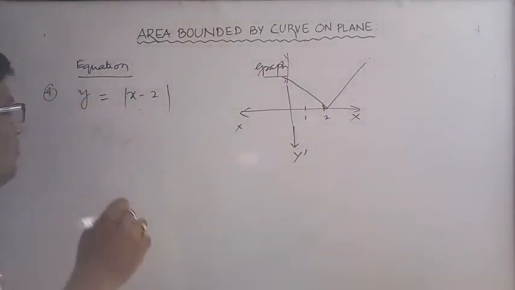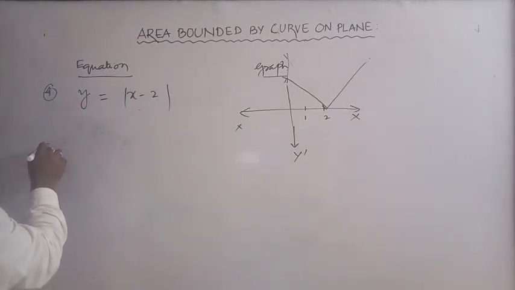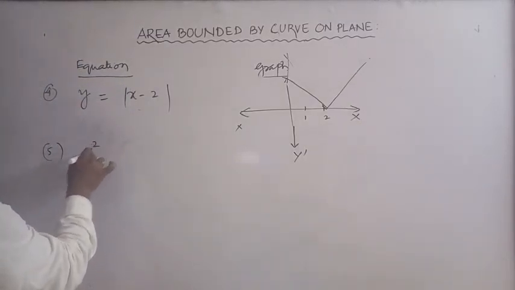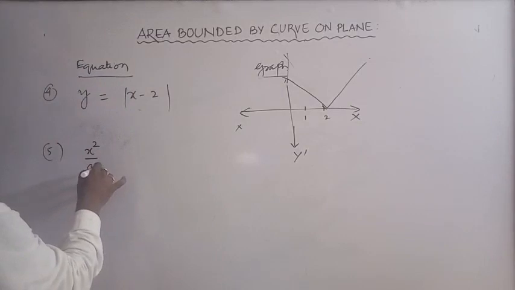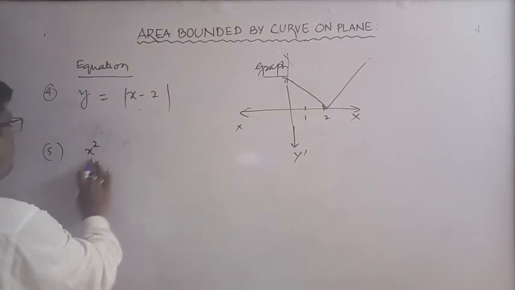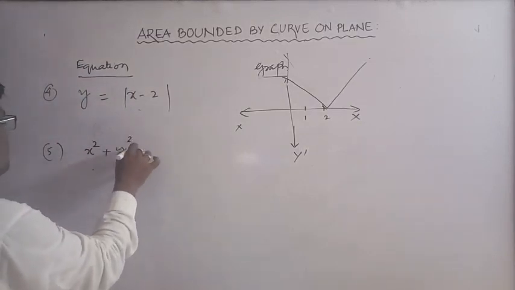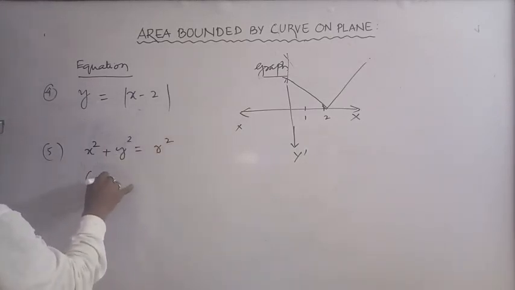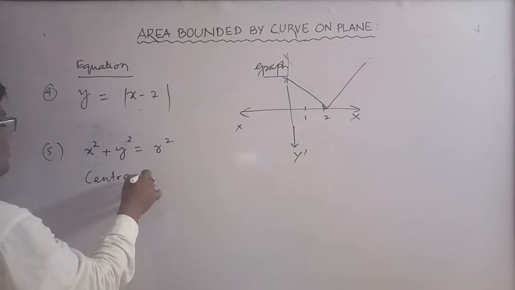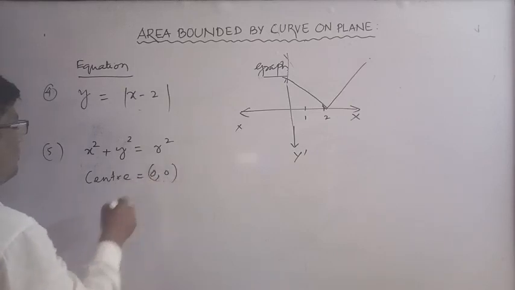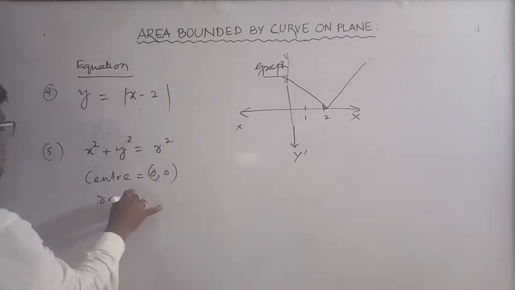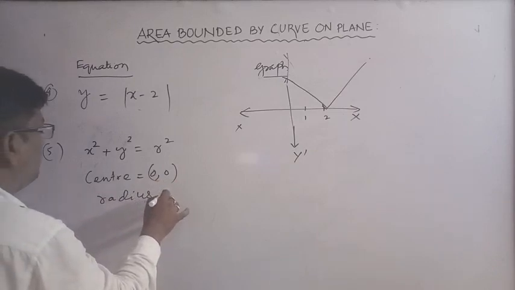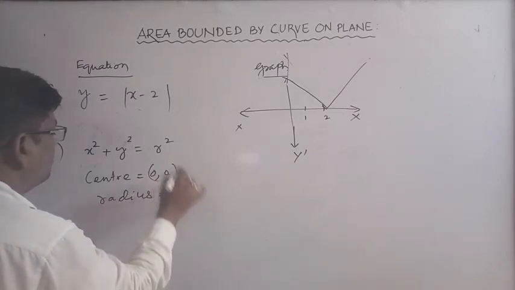Now this is the circle, x square plus y square is equal to r square. Here the center is 0, 0 and the radius is r.